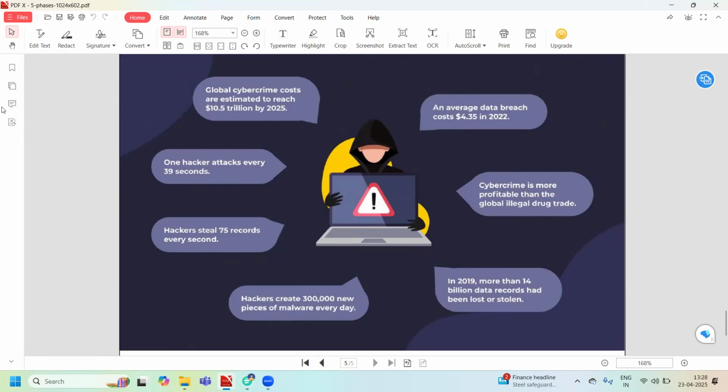These things are necessary for an organization. That's why they require lots of cybersecurity professionals, and their demand is going to increase day by day.